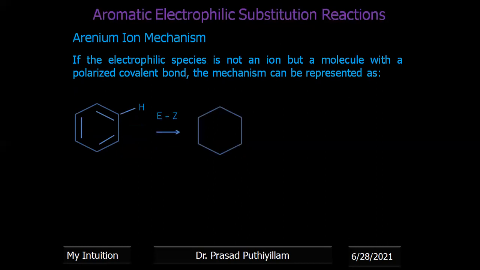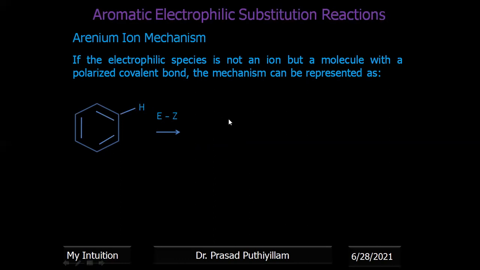Then we are taking E-Z, that means it's a molecule, a polarized molecule. That means these two have a difference in electronegativity, such that this particular atom E can become the electrophile, and Z will go as Z minus. Then further it will combine with the H plus present in that.